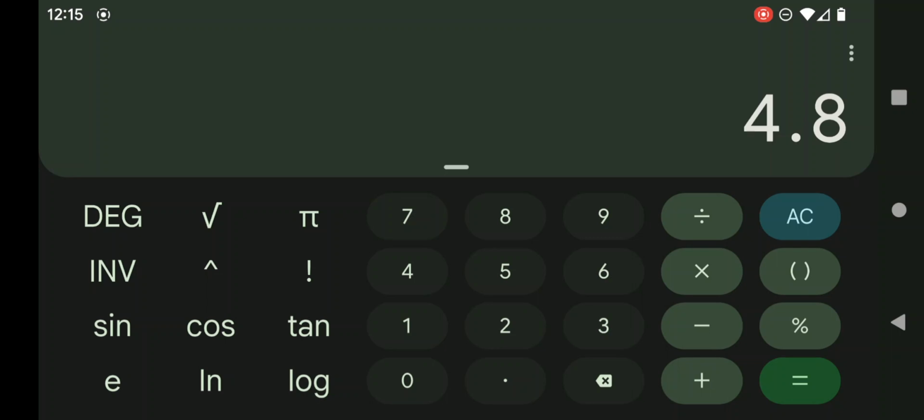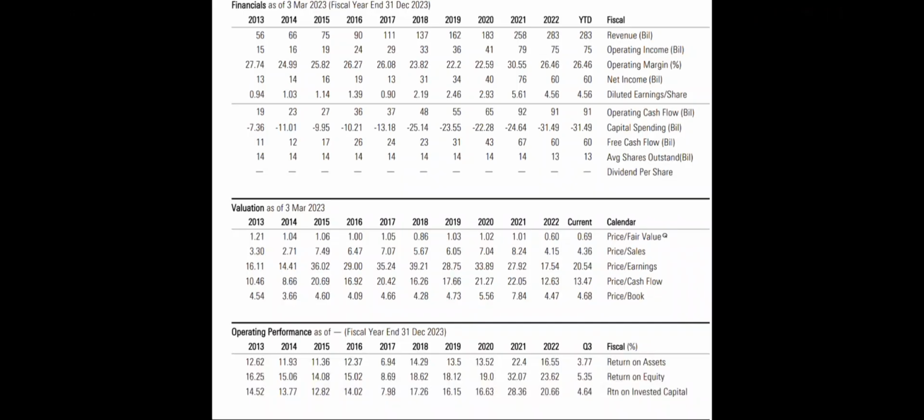If we double in 5 years, 72 divided by 5 is 14.4, approximately 15%. Here is an example of how I do it.